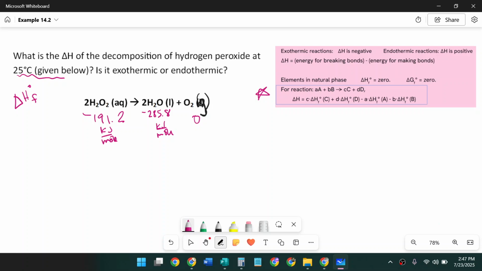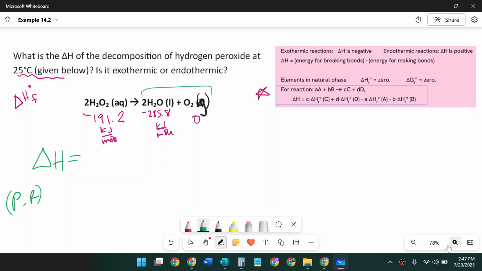So in our formula here, where we have change in H, we have all of our C's and D's, which come from here, all of our products first being added together, and then we subtract our reactants. All right, so our change in H for this, we're going to take products minus reactants. These are our products.